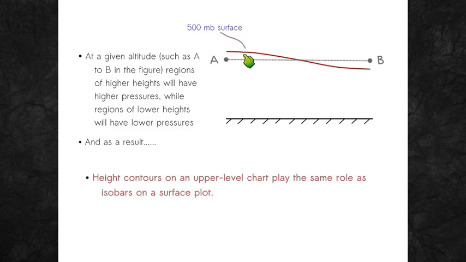Which means that anytime we start along the red line and go downwards, we're starting at 500 and going towards higher values. So everywhere below the red line then has a pressure greater than 500 millibars. Whereas if we start at the red line and we go upwards, pressure is going to drop. And so everywhere above the red line, pressure is less than 500 millibars.